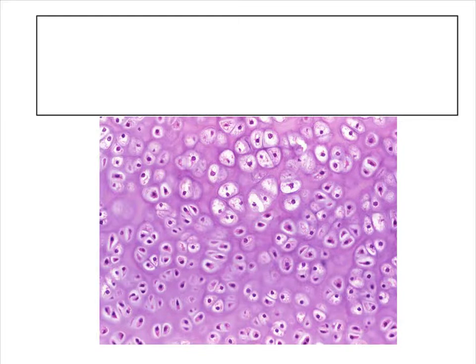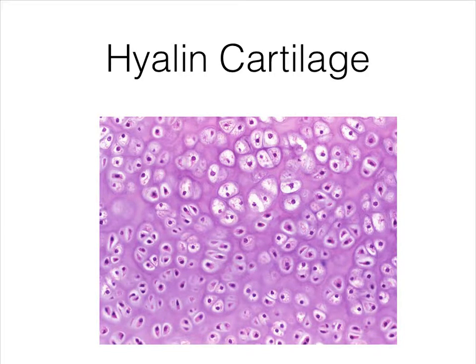All right, let's do the reveal here. So this is hyaline cartilage. You can see that the background is non-fibrous. You look at this background, you don't really see any fibers running through it. Smooth, sort of jello-like.